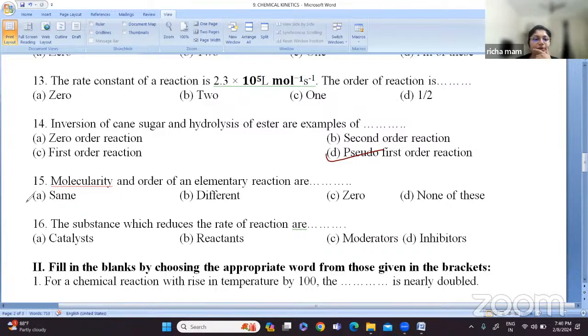Next question. Molecularity and order of an elementary reaction are same, different, zero, none of this.